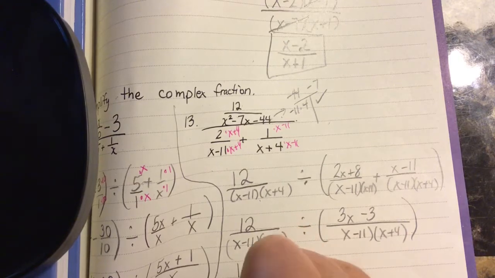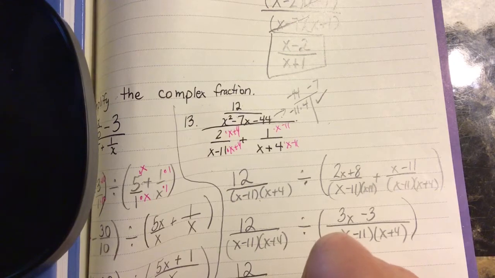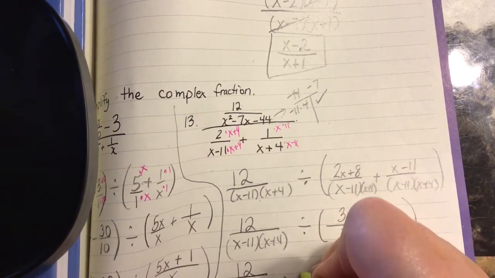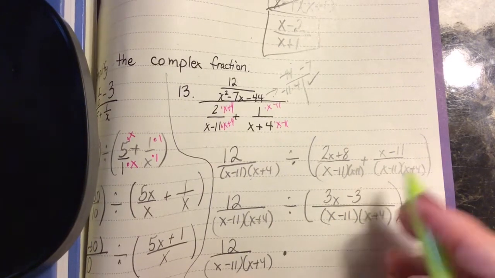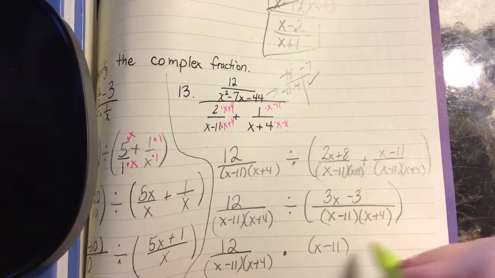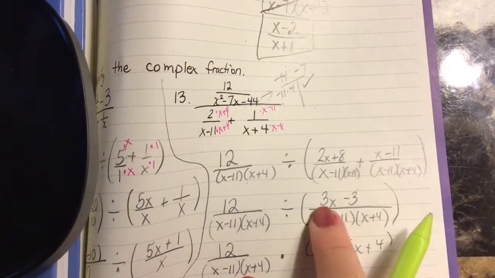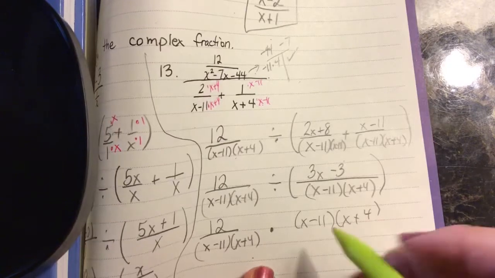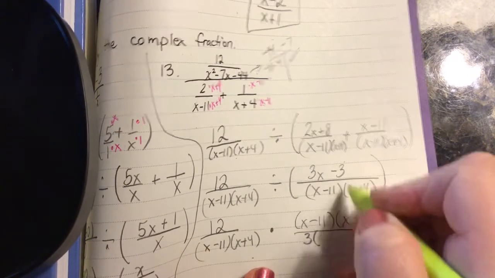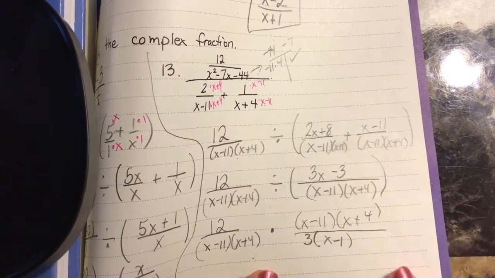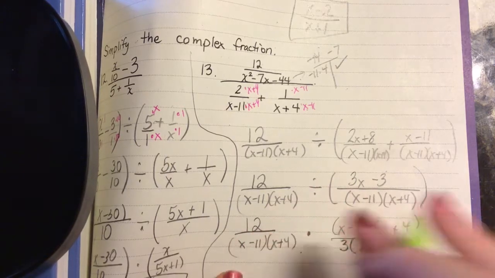I'm going to bring down my first fraction. I'm going to change division to multiplication. I'm going to do the reciprocal, which means I'm going to put this denominator in the numerator. And this has a greatest common factor of 3. So when I put that in the denominator, I'm going to put 3 on the outside and put x minus 1.